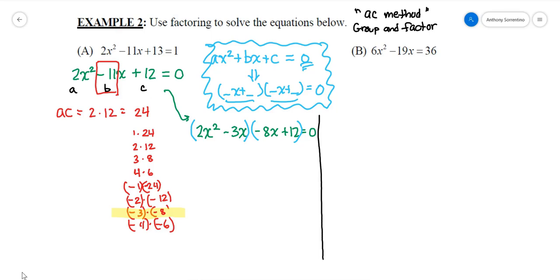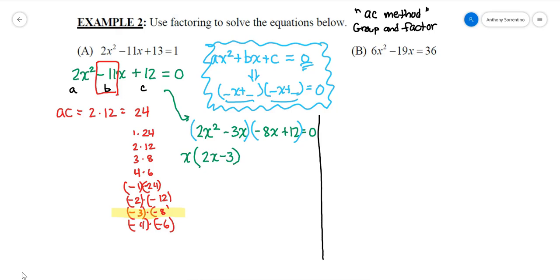In the first group, I had to think, well, what will factor out of both 2x squared and a minus 3x? Well, I can factor out an x, leaving me with 2x minus 3 in the parentheses.